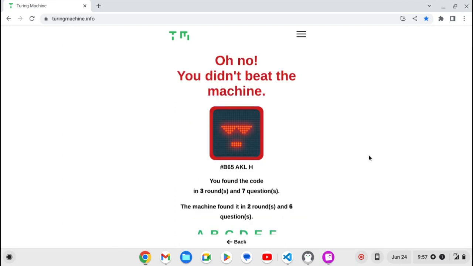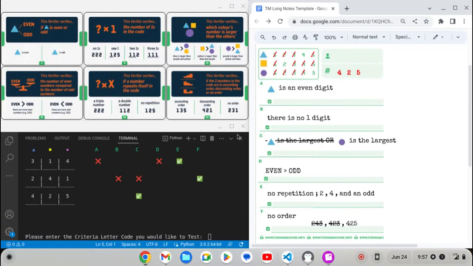Wow, yes, another defeat, unfortunately. So, yep, we did in 7 questions, 3 rounds. The Turing Machine did in 6 in 2 rounds. Yeah, I'm going to need some feedback to see where I could have been more efficient. Not sure. Again, just bad luck.